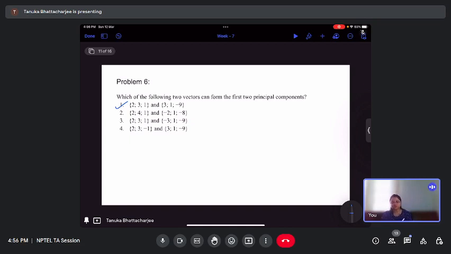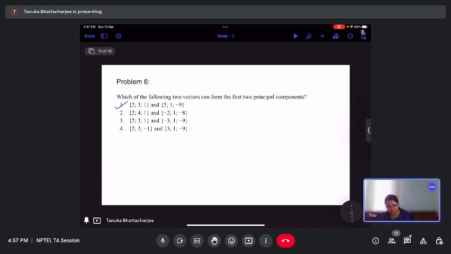So when you are given this set of vectors, you just have to check which two are orthogonal to each other, then you can say that those two are principal components. In order to check orthogonality, you can just take the dot product, and if the dot product is 0, then that is the orthogonal set.